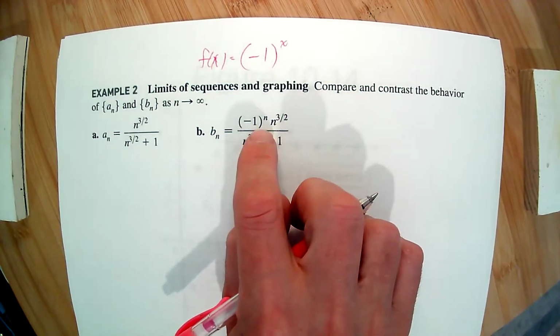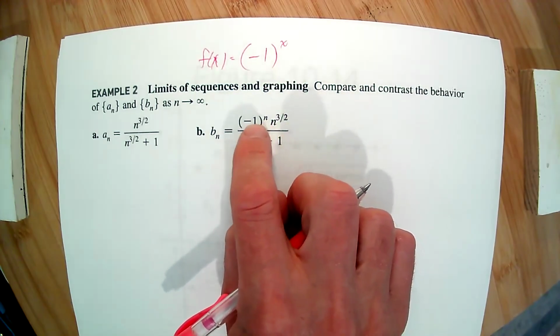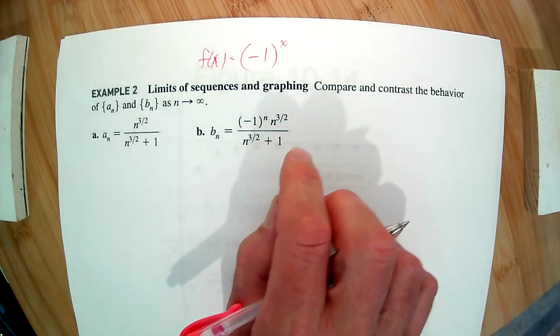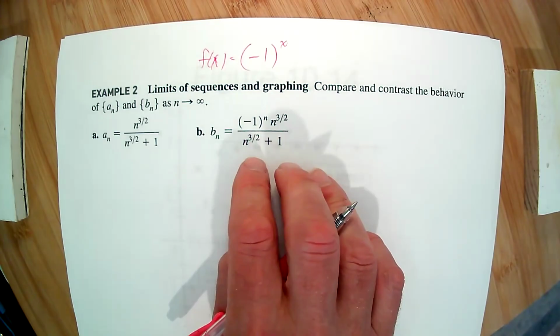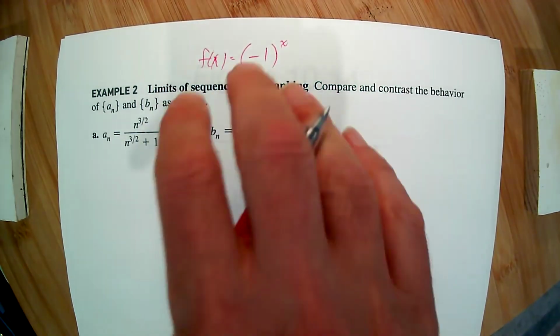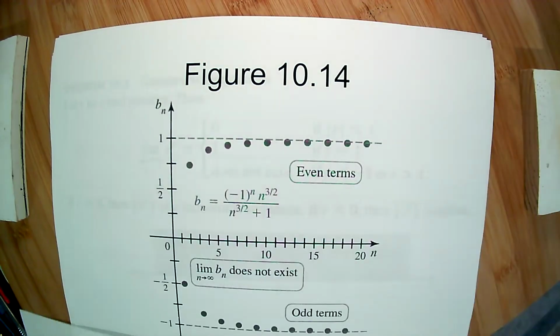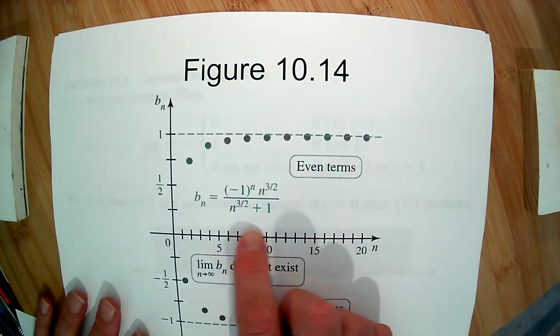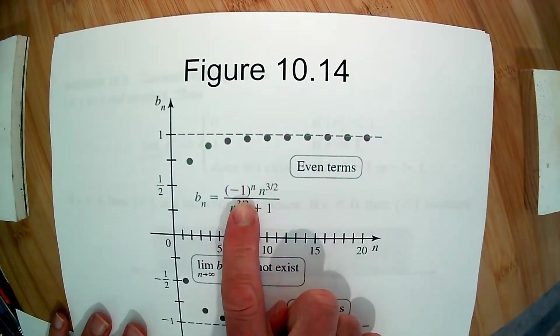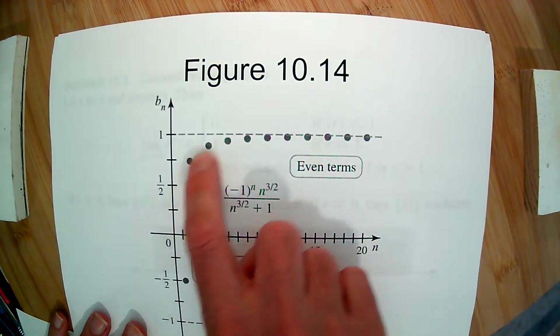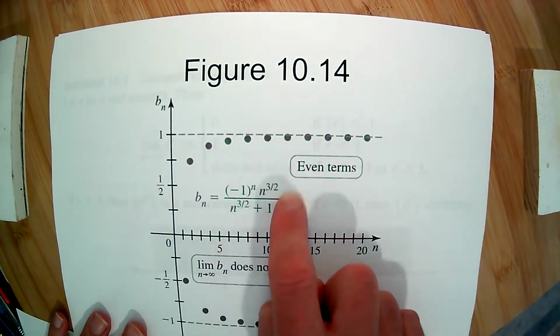But -1 to the n for integer powers totally makes sense. And it actually shows up a lot in some of our examples. What ends up happening is that it gives us this alternating up and down kind of behavior. Here's a quick image of what this b function looks like, okay? When n is an even number, -1 to the n is just a positive factor. And so you end up with all positive terms up here because the rest of the factors are positive.